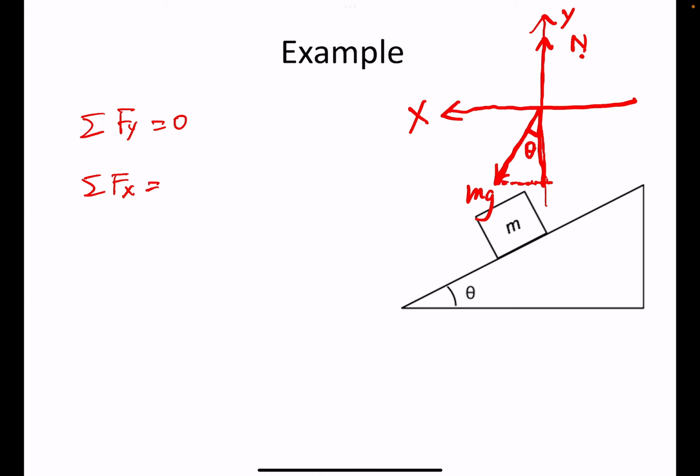The x component of mg is the opposite side of this triangle. So it's mg, and to find the opposite side you need to use sine theta. So this is the net force in the x direction, which turns out to be the entire net force acting on the block.